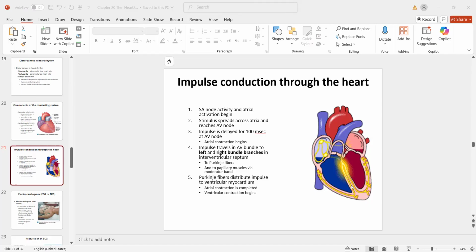And then the impulse is distributed by Purkinje fibers and relayed throughout the ventricular myocardium. Atrial contraction is completed and ventricular contraction begins.